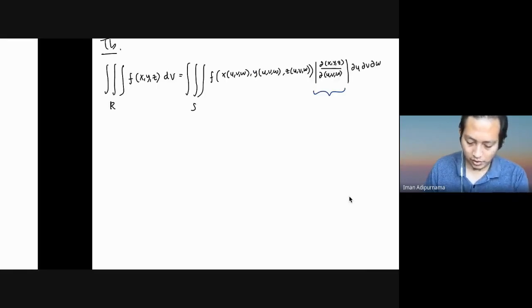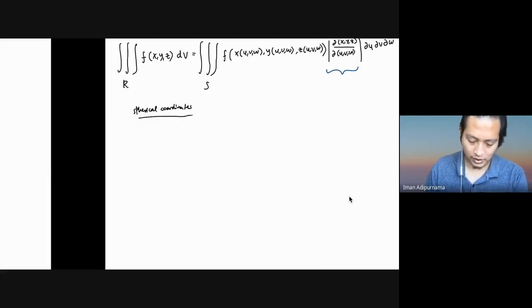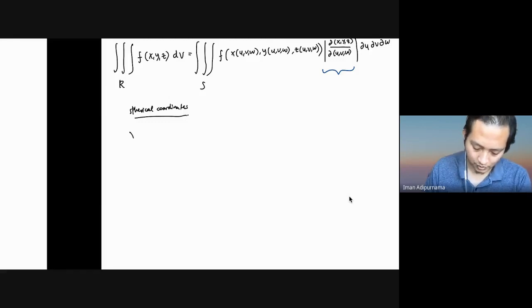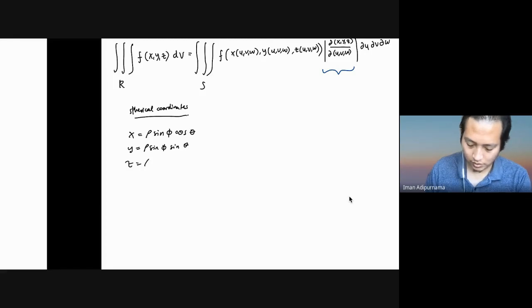Okay, if you want, you can also prove the spherical coordinate. It takes a while. If you remember the formula or the conversion, and z is rho cos psi.